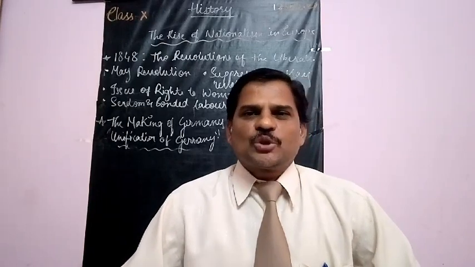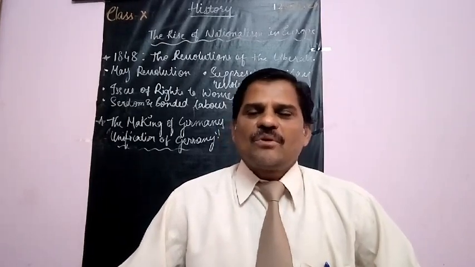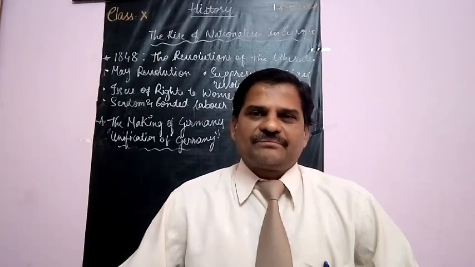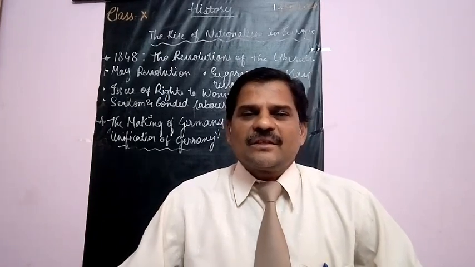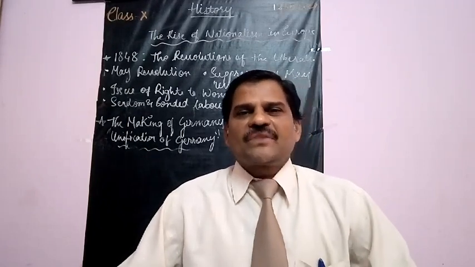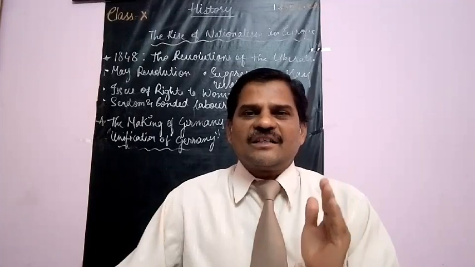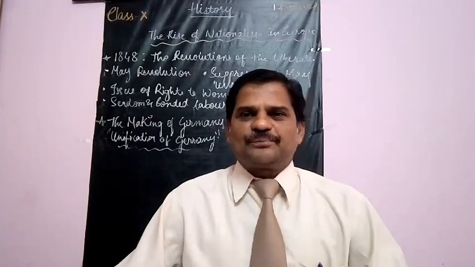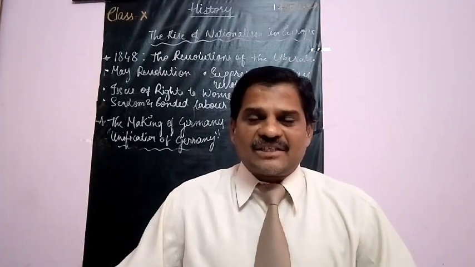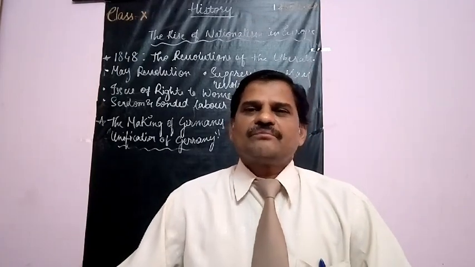Students, today in this video, we are going to read Unit 1 with the title Nationalism in Europe from the book India and the Contemporary World Part 2. So our unit name is Nationalism in Europe.